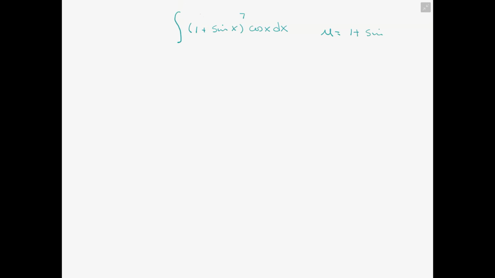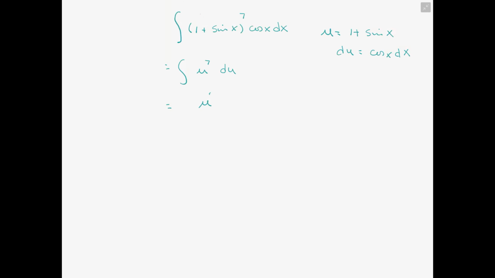We go u equals 1 plus sine x, and du equals cosine x dx, which is what we do have. So now this just becomes u to the 7th du.